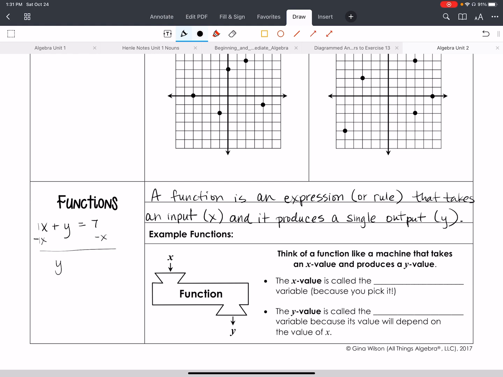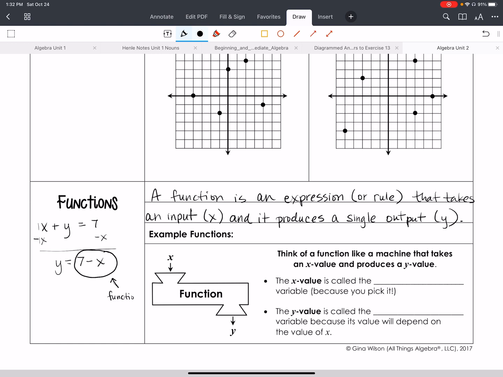And I ended up with something that looked like this. Now I haven't changed anything. This is really the same equation. I've just moved some things around. But now it's a function. This technically is my function.